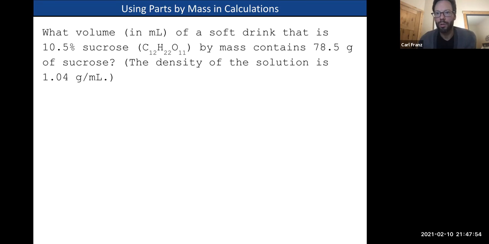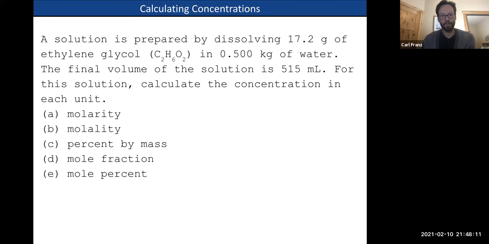10.5% sucrose. Remember that you can just take 10.5 grams over 100 grams arbitrarily to designate that, to get your mass, right? Here, this could be a good one to practice and go over again.